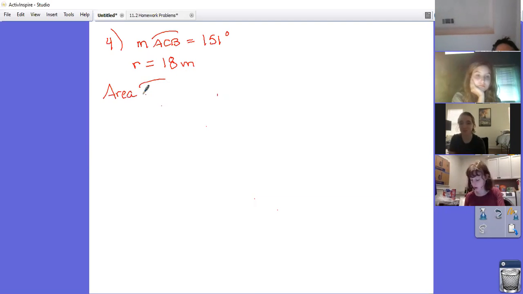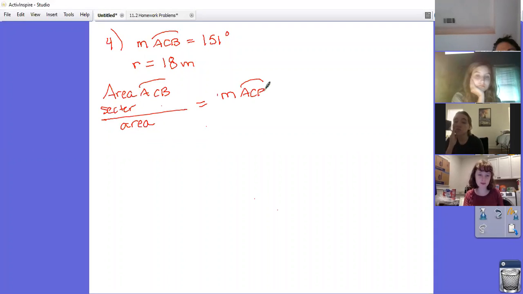Okay. So here, the area of the sector encompassed by ACB. And I'm going to use the formula. So here, the area of the sector over the area of the circle is equal to the measure of the arc divided by 360. I'm going to let the area of the sector be x, because that's what I need to solve for.